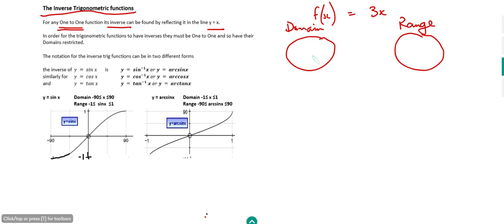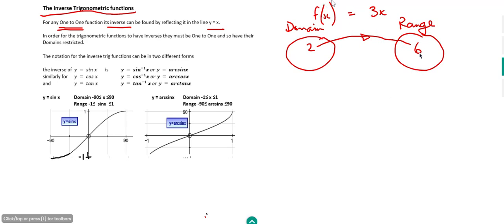So the values of x really is what goes into the domain, and then when we apply the function, that's what's in the range. So if we put in 2 into our domain, then into this function, we'd get a value out once we multiplied it by 3, which would be 6.